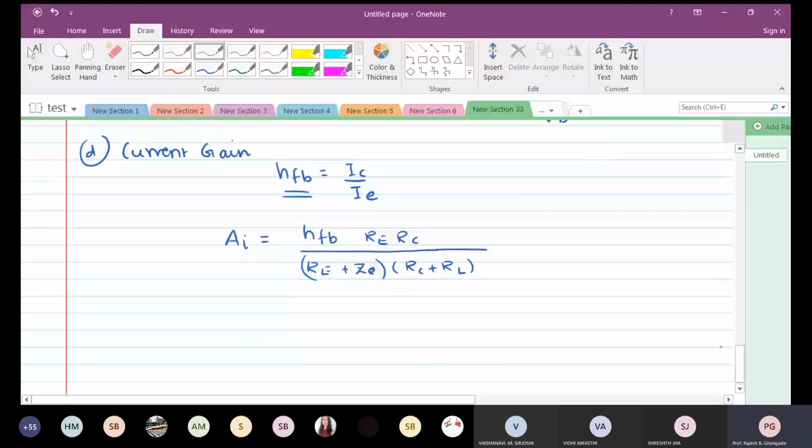For common collector and common base, you have to work out the current gains in a similar way like common emitter. I would want you to derive this on your own. That will be a practice. Power gain.